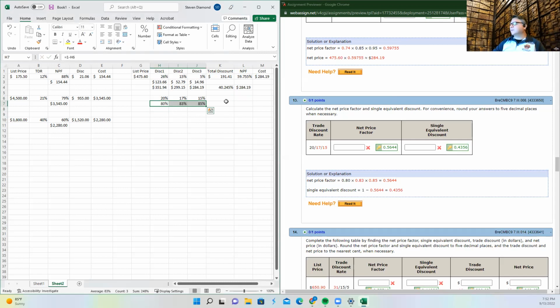So our net price factor, to make it a little bit easier for everybody, is going to be this times this times this. All right. Now we went the complicated, convoluted way so we can kind of see how it works, but that's 59.755.